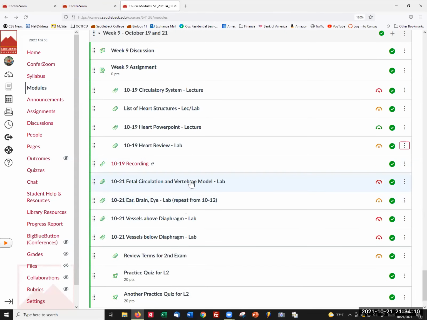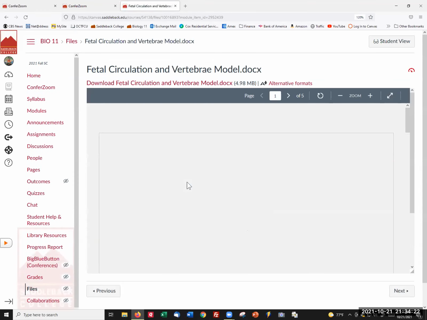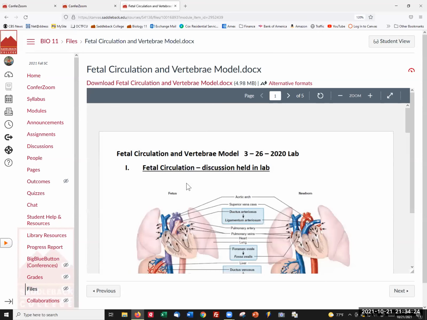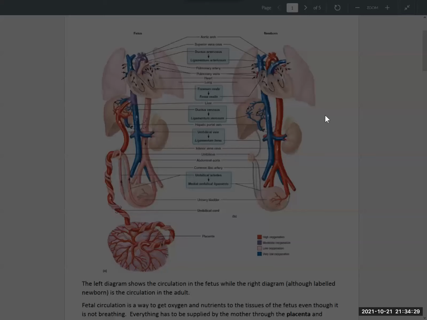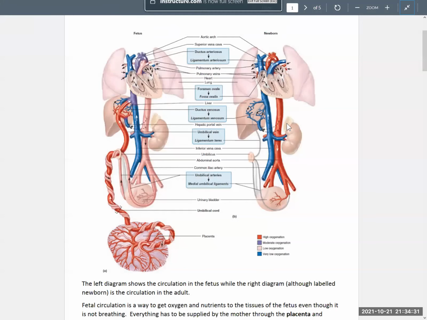There we go. Okay, fetal circulation is the circulatory system in the fetus as opposed to the newborn. Your book has a diagram very similar to this, depending upon the edition that you have. Okay.